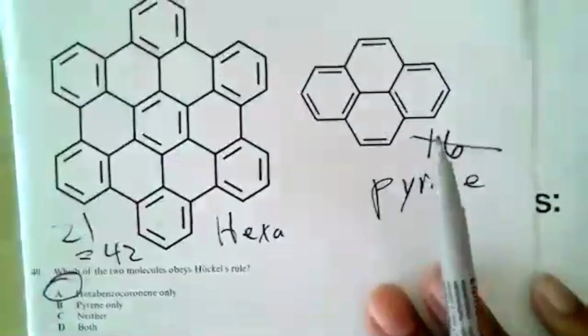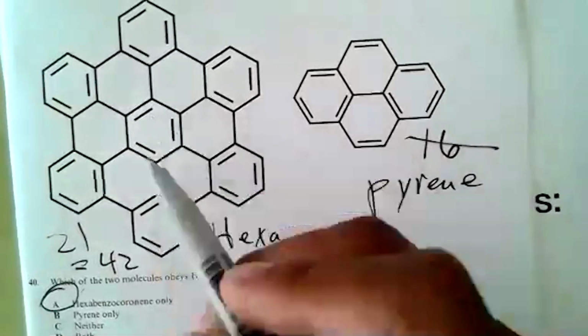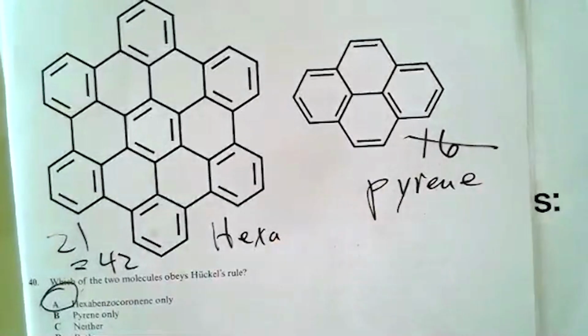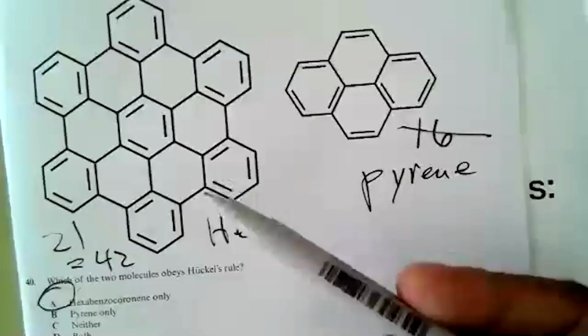So the fastest way to count the carbons, don't worry, you could take your time and count every carbon. You will finish. In the olden days, way back in 2019, when GAMSAT was 1.5 minutes per question, you wouldn't finish if you counted these carbons. But you can count these carbons, okay, it's 42.